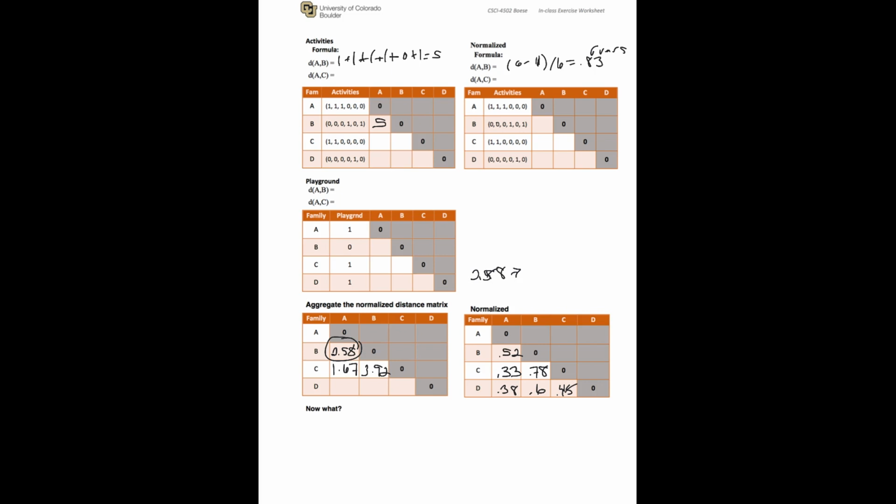So we take the 2.58, subtract the minimum value, which is 0, divided by 5, which is the max, minus the minimum value, which is also 0. Those cancel out anyway, and we end up with 0.516, which would be rounded to 0.52, which is what we put in the table. That's essentially what you're trying to do to get to this final table to see if you've got your answers correct. And then now what?